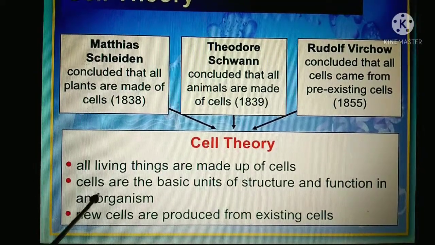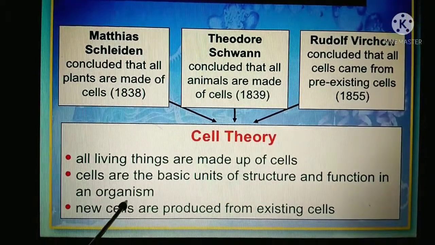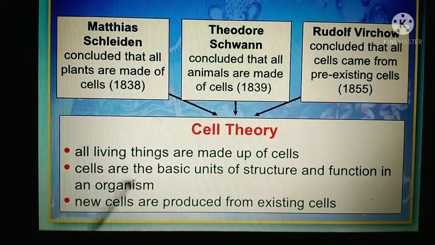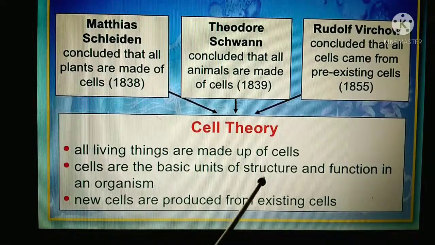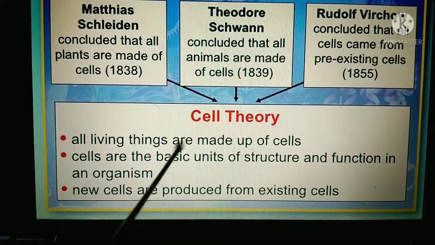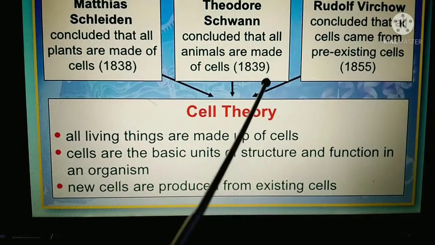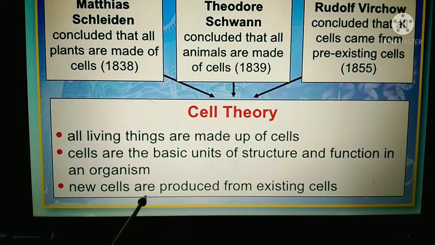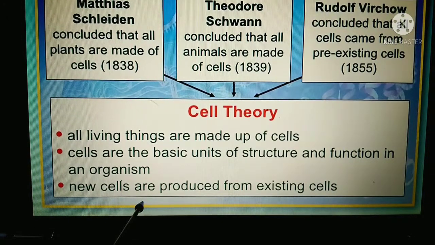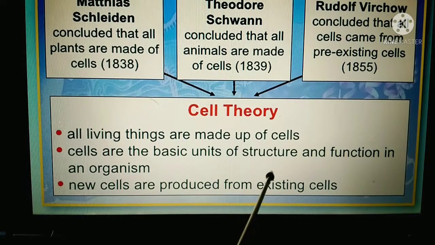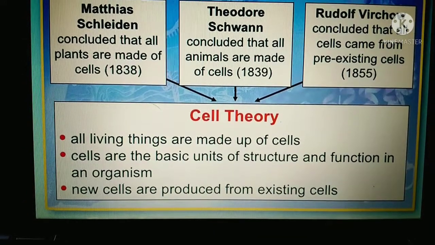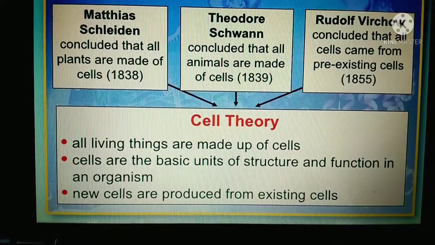All metabolic reactions take place in the cell, and thus cells are the basic structural and functional units. According to Rudolf Virchow, it has also been postulated that all cells are produced from pre-existing cells, and every organism starts its life as a single cell.